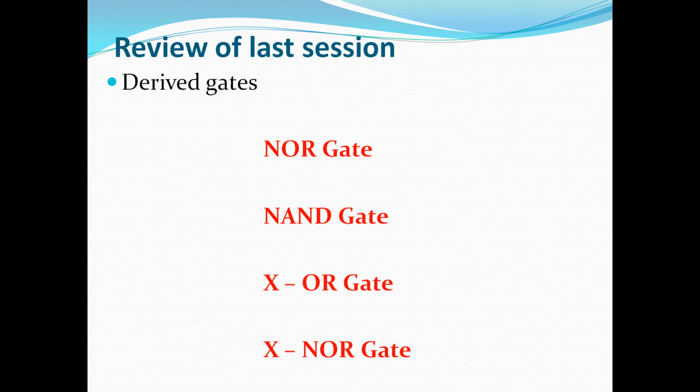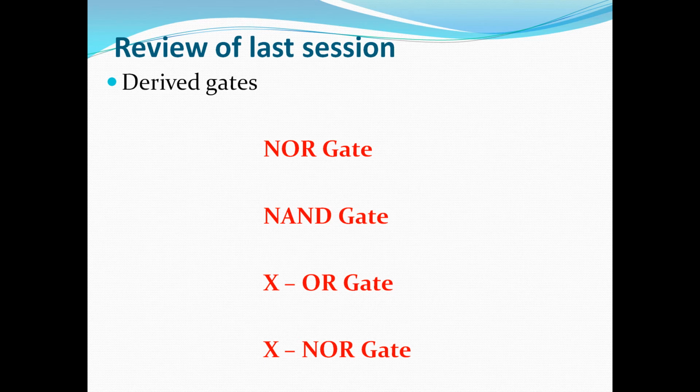XOR gate has one symbol, X plus inside a full circle Y, or you can say X dash Y plus X Y dash, that is the output of XOR gate. The last one is XNOR gate. In case of XNOR gate, (X dash plus Y) dot (X plus Y dash) is the output. All these four gates we discussed in the previous session.